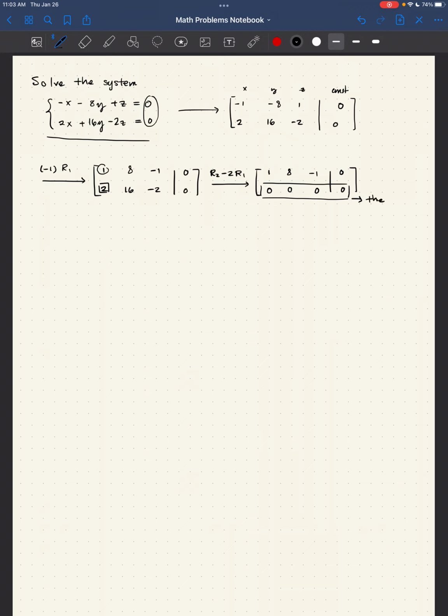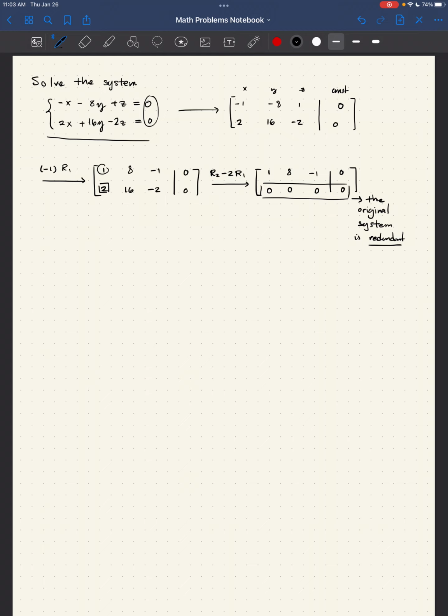The original system is redundant. It doesn't say that it has infinitely many solutions. It says that one of the equations was not necessary to capture the solutions.